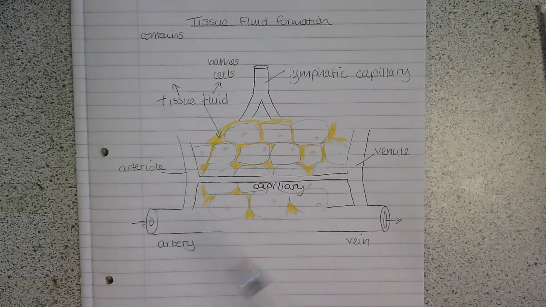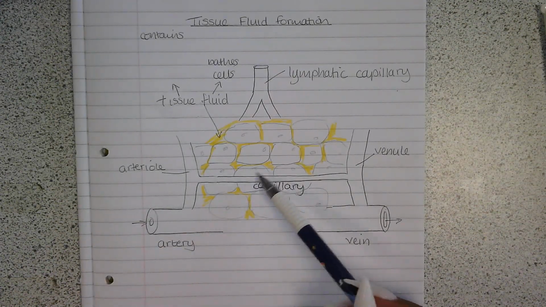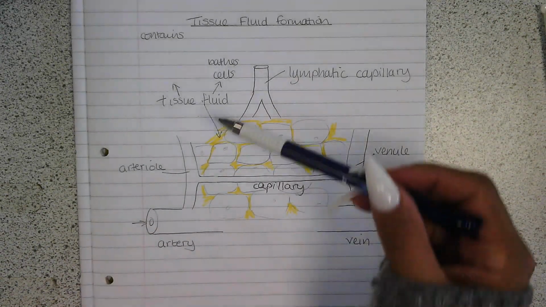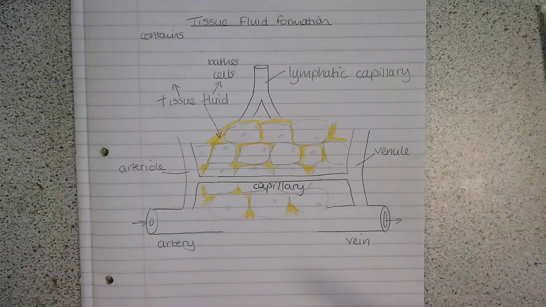What actually is there between the capillary and the actual cells? They're not stuck together. There is a medium between the cells and the blood vessels, the capillaries. This medium, the solution, is called tissue fluid. And we say that tissue fluid bathes cells. It surrounds cells.